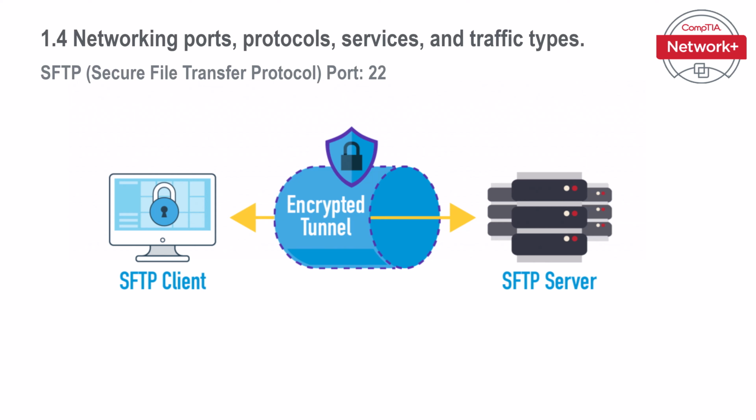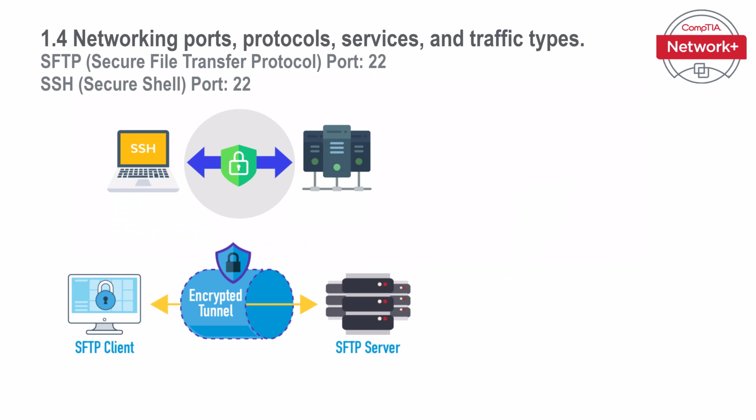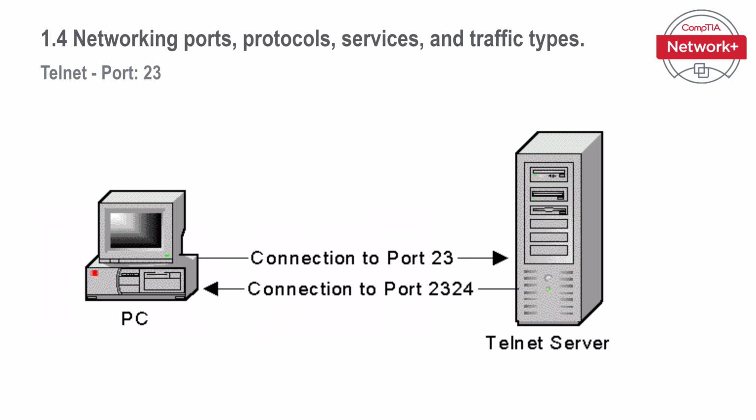SFTP operates on port 22 and uses the Secure Shell, or SSH, protocol to encrypt file transfers, ensuring data is protected from unauthorized access. SSH itself, which also runs on port 22, is used to securely access remote devices over a network, replacing older and less secure remote access methods like Telnet.